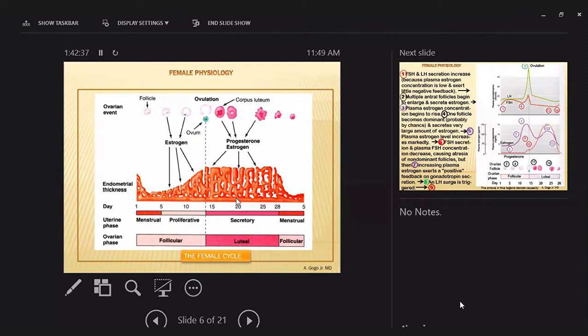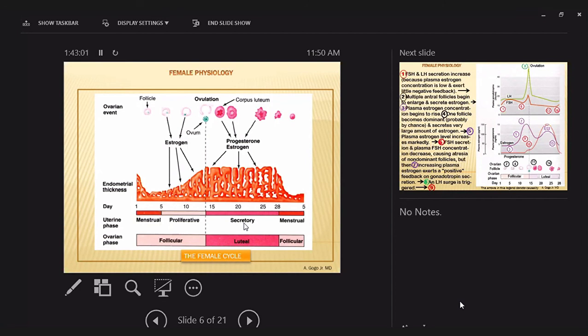So we call this stage after ovulation, the second 2 weeks, the secretory phase of the uterus, uterine phase, okay? Secretory phase. And progesterone is predominant.